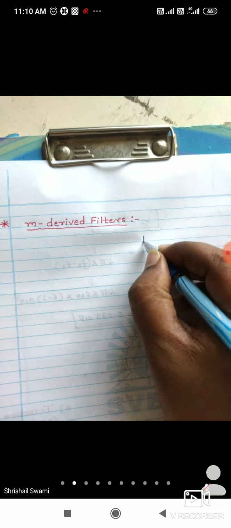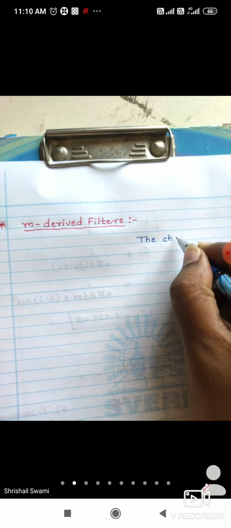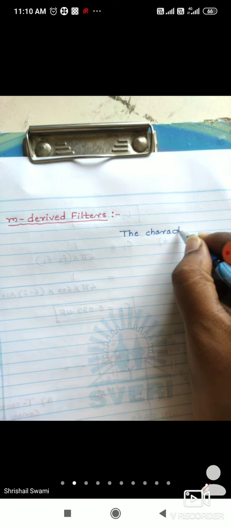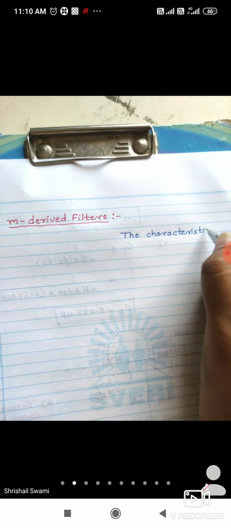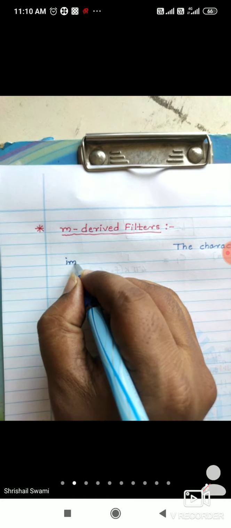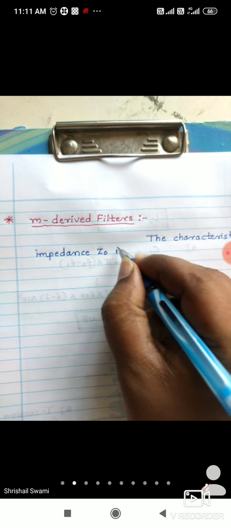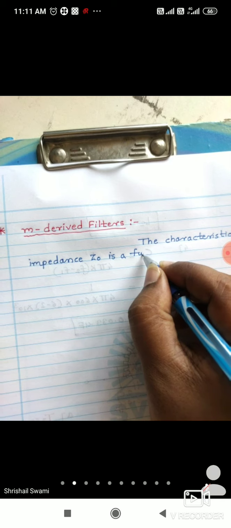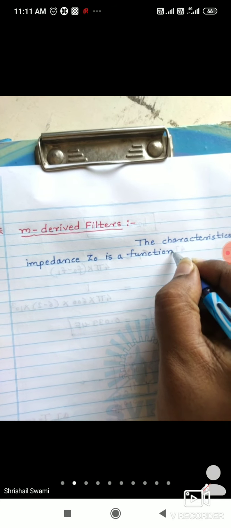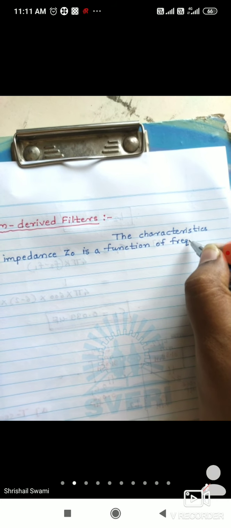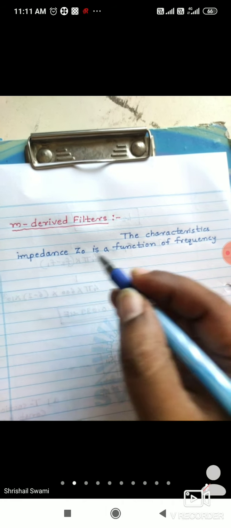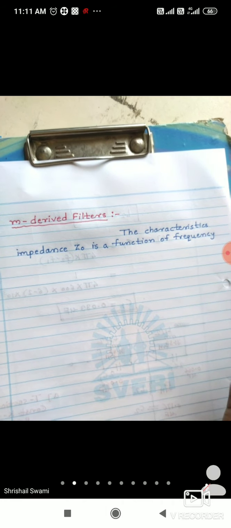The characteristics impedance, that is Z0, is a function of frequency because j omega we are writing in impedance Z0, whatever it may be, inductor or capacitor.